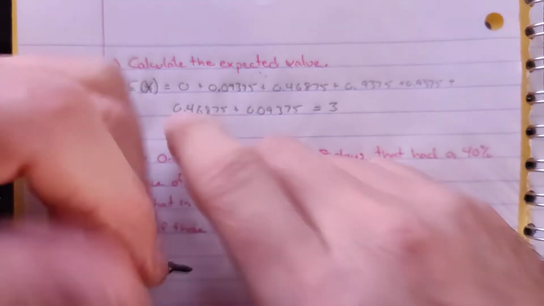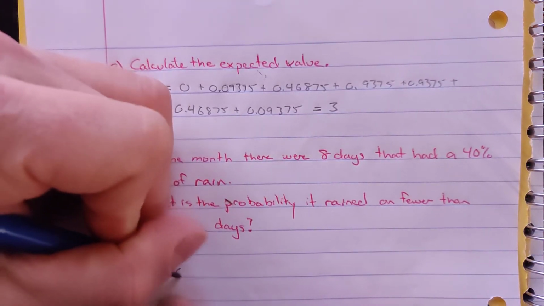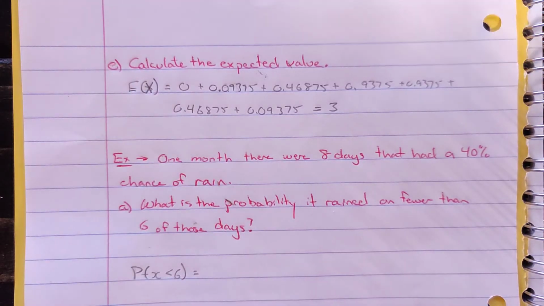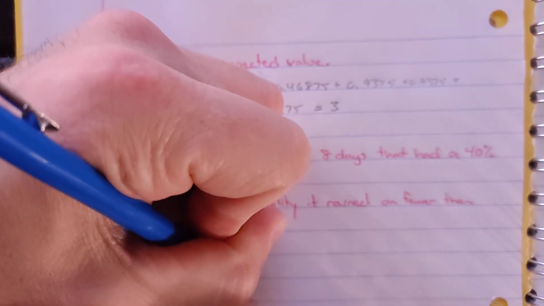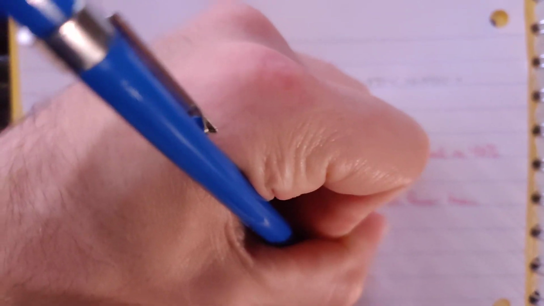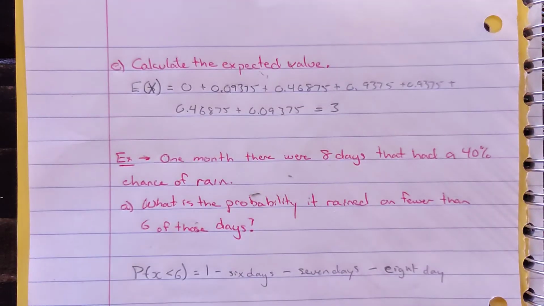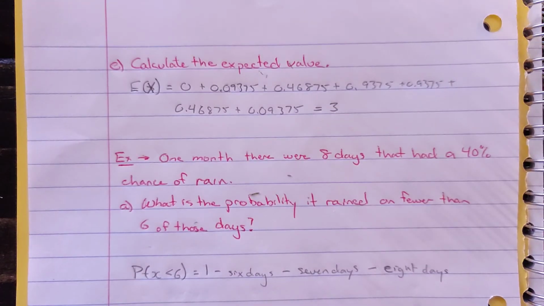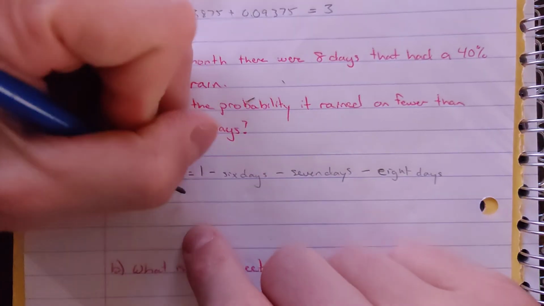So the probability that it was less than 6 days is equal to 1 minus the raining on 6 days minus raining on 7 days minus raining on 8 of the 8 days. So this way here, again, we're just doing the indirect method because this gives us 3 of these calculations that we have to do versus having to do a whole 6 of them. So less chance of error.